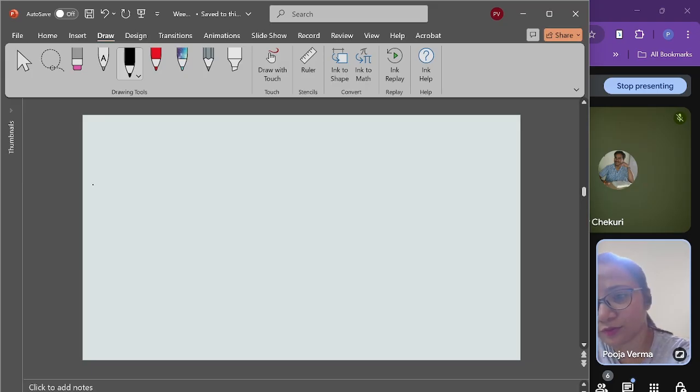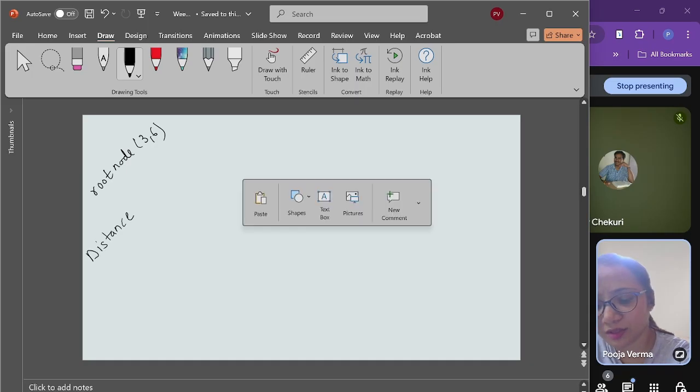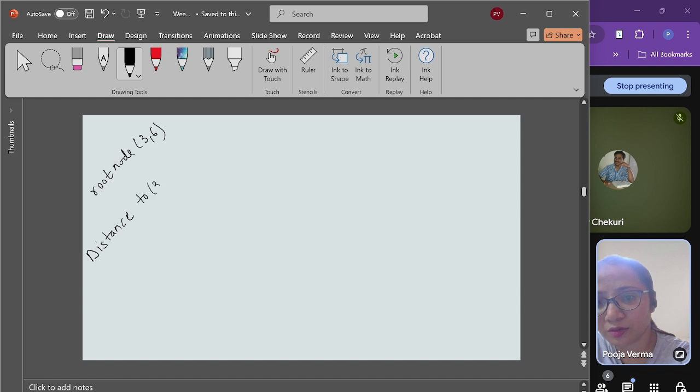Okay, so for the root node 3 6, already we know how to calculate the Euclidean distance. The query feature vector is given as 2 3.